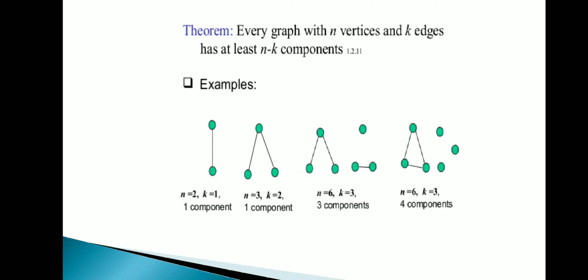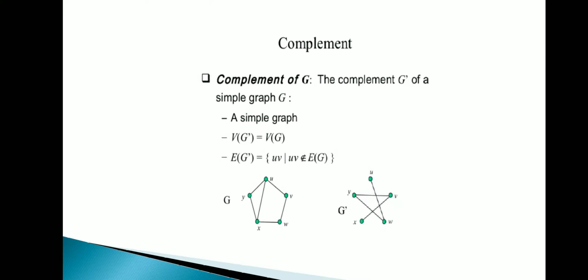Finally, we see the complement G dash of a simple graph G, where V of G dash is equal to V of G, and E of G dash is equal to the set of all UV such that UV does not belong to E of G. We consider the figure.